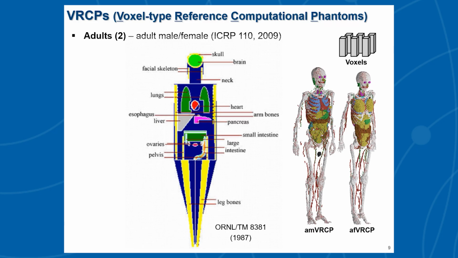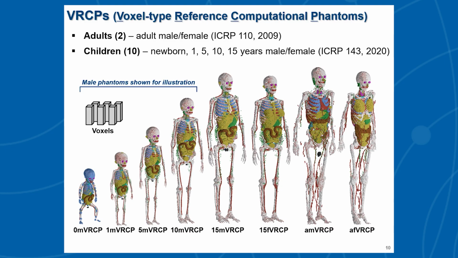Therefore, they are anatomically much more realistic than the old-type mathematical phantoms, which were previously used for the ICRP dose coefficient calculations. In 2020, the pediatric male and female voxel-type reference phantoms were also released by ICRP Publication 143. These pediatric phantoms cover 5 different ages: newborn, 1 year, 5 years, 10 years, and 15 years.